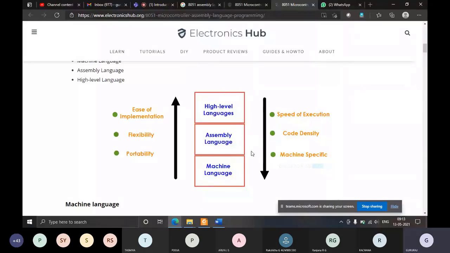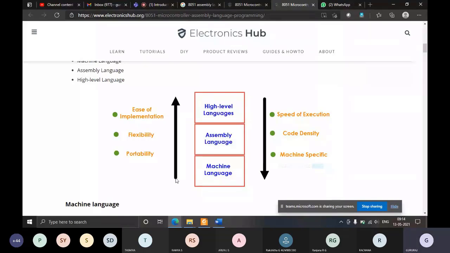Machine level language, as I told, is ones and zeros. Assembly language is pseudo English language, not exactly English, but somewhat like English. High level languages, for example C, C++, Java, Python, are almost English like, and very easy for the programmer to understand.